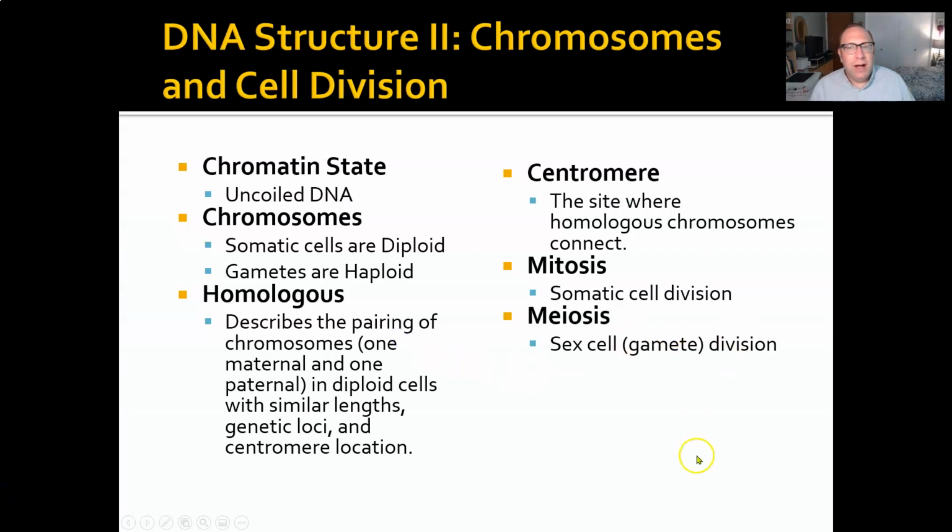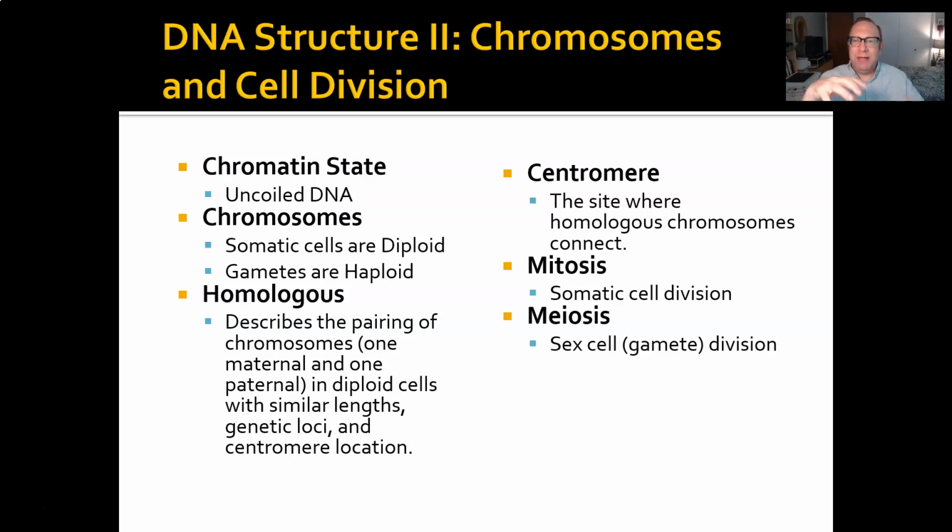Okay. A few key terms here. Feel free to pause if you want to write this down. I'm going to be using several of these terms a lot. So, chromatin state, or chromatin. DNA doesn't spend all of its time coiled up the way we've been talking about, okay?